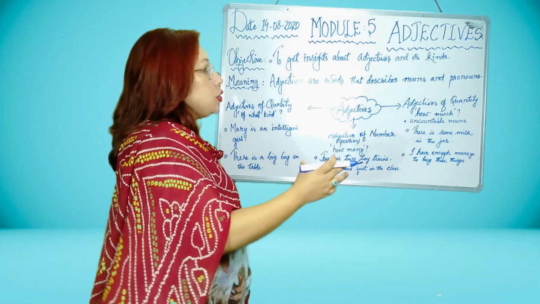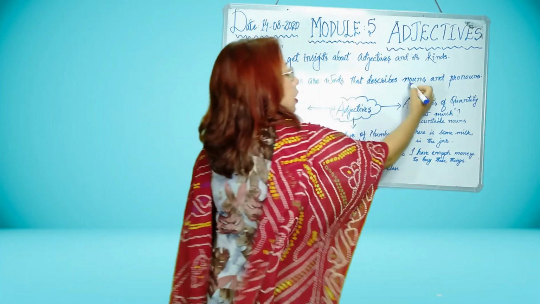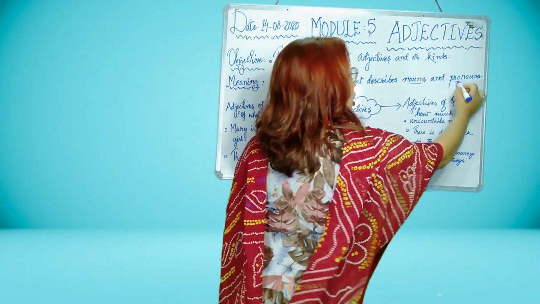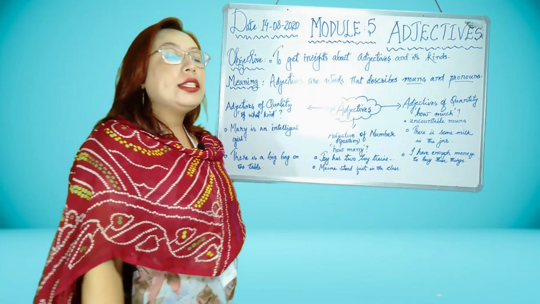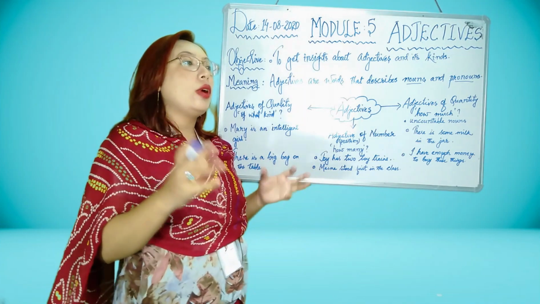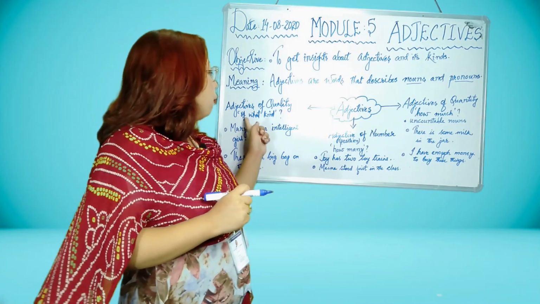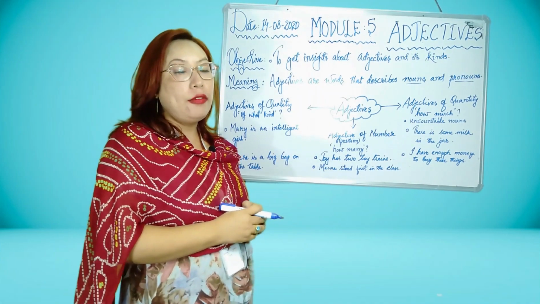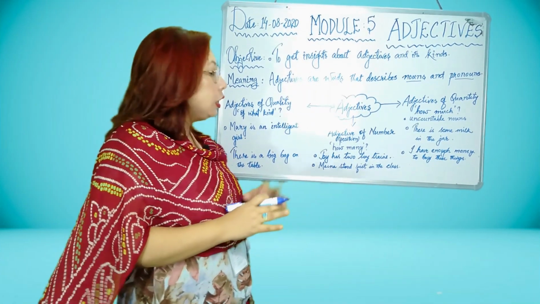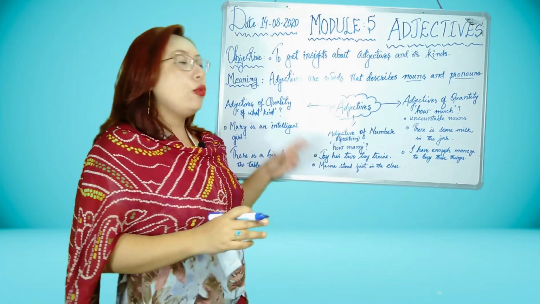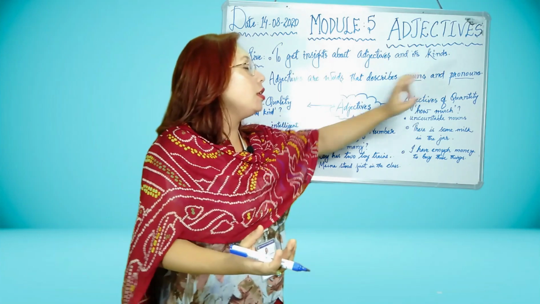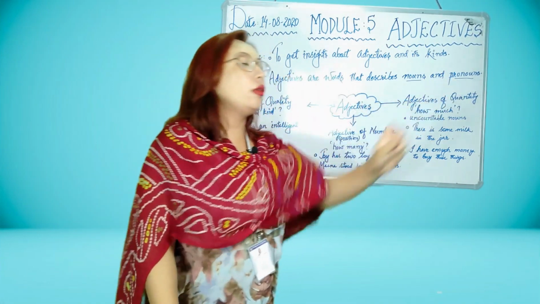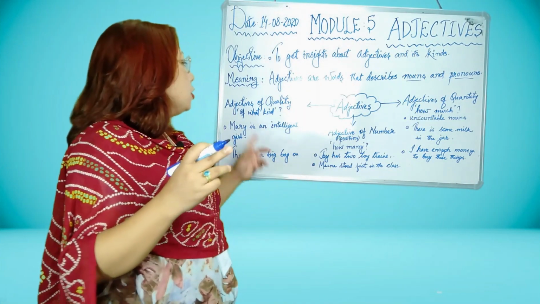As I've already told you, adjectives are words that describe the noun or pronoun. Now this adjective of quality answers the question of what kind.